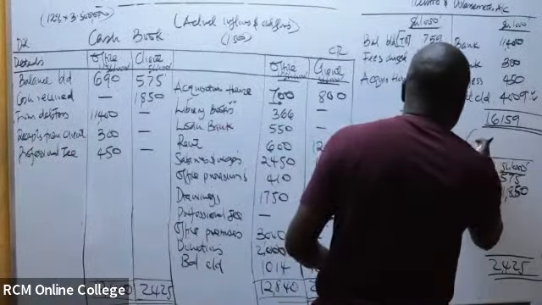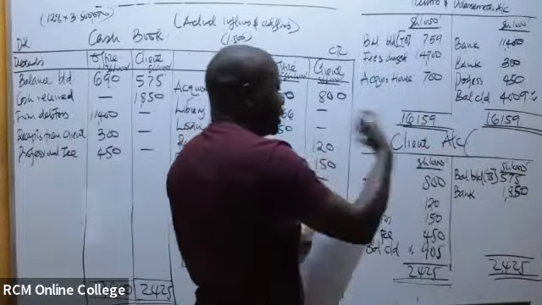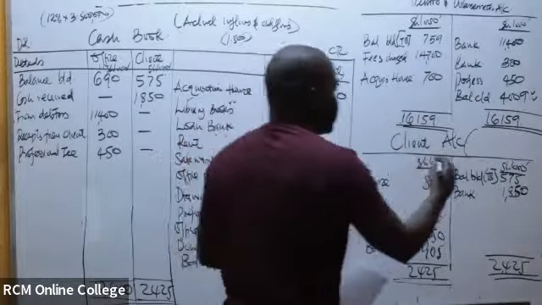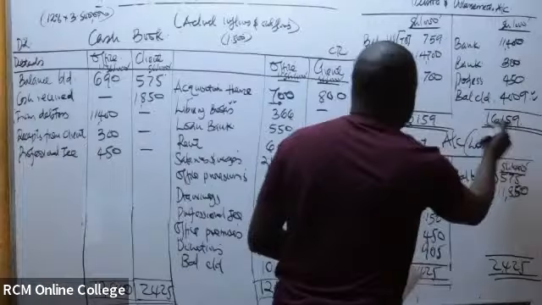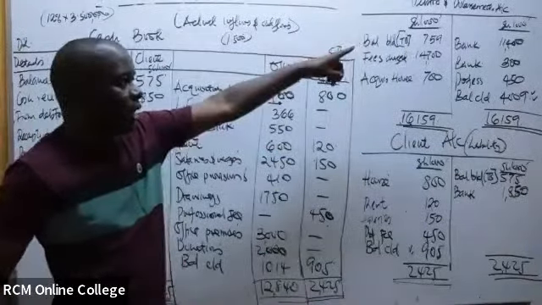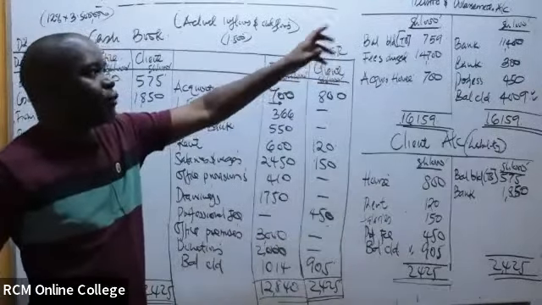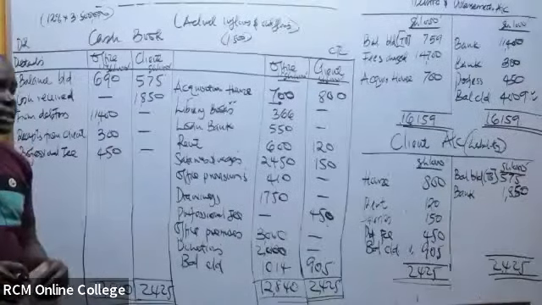Huyu ni kama ni creditor, sababu hapo una record zile pesa uko nazo on his behalf. Once you pay, unafanya hivi na hivi. So that's why eventually it becomes a liability, like a creditor. And the disbursements you do on behalf of the clients become like debtors, so you maintain them together with the debtors account.